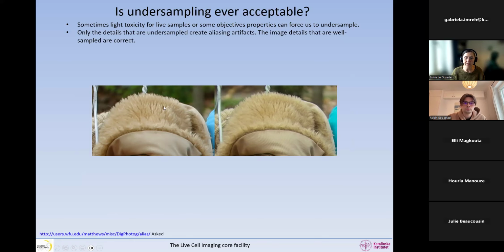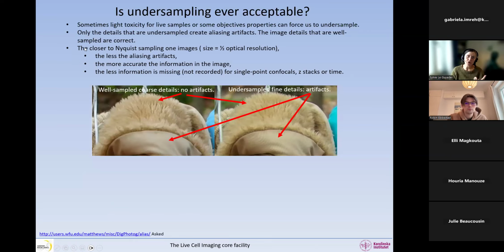Whereas this part here has very coarse details, and so it's properly sampled. So we have no artifacts in here. Only the details that are undersampled create aliasing artifacts, not the things that are correctly sampled. So you can see here, coarse details, no artifacts. Fine details, we get more artifacts.